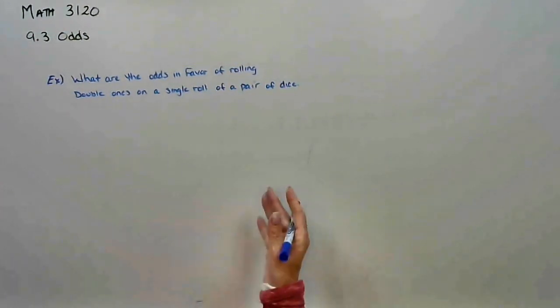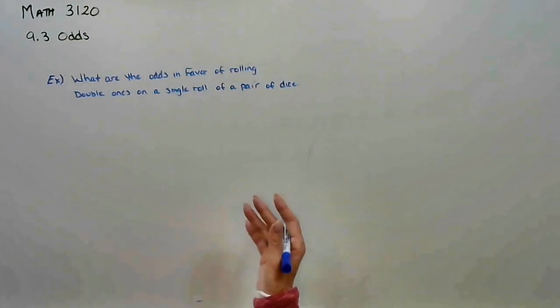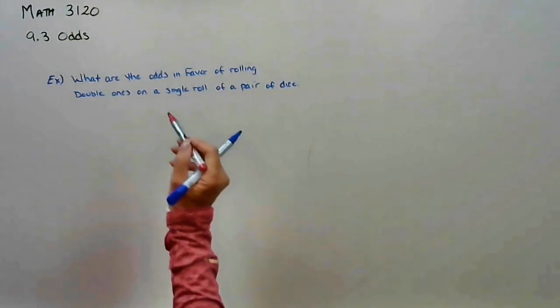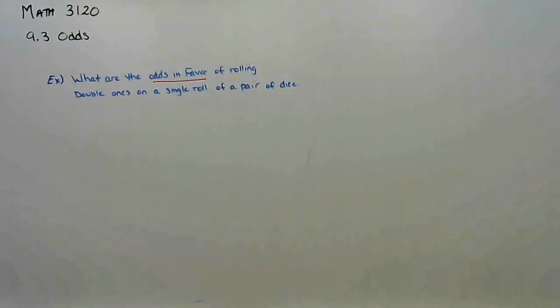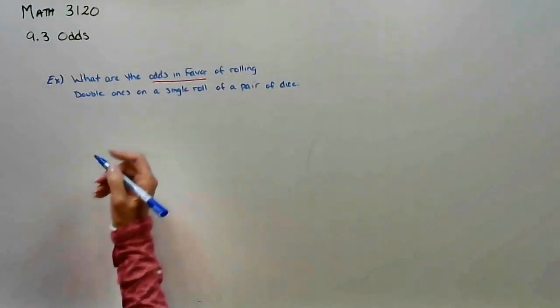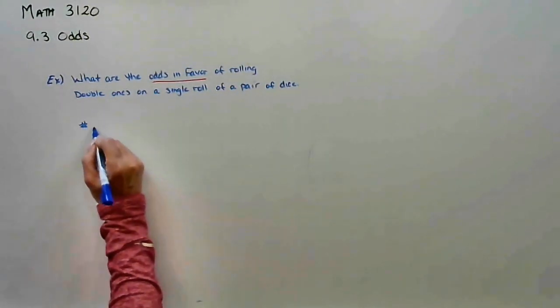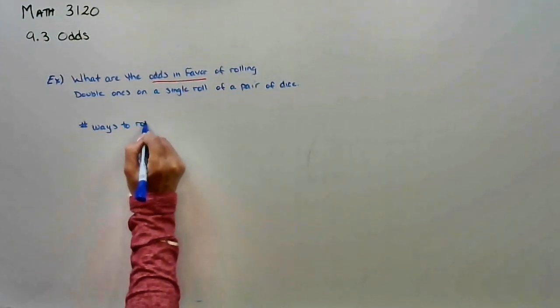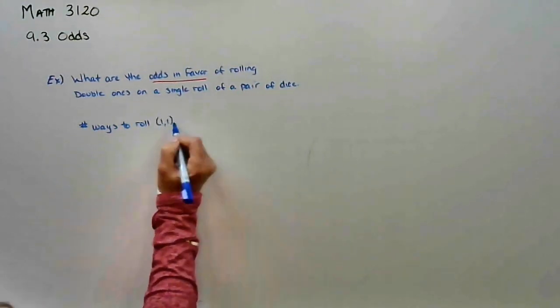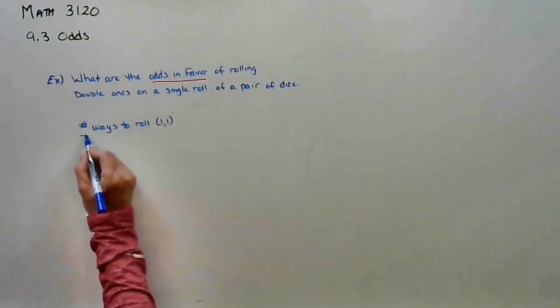We want to know what the odds are in favor of rolling a 1 and a 1. Since it's odds, we want the number of ways to roll a 1 and a 1, because that would be double ones.